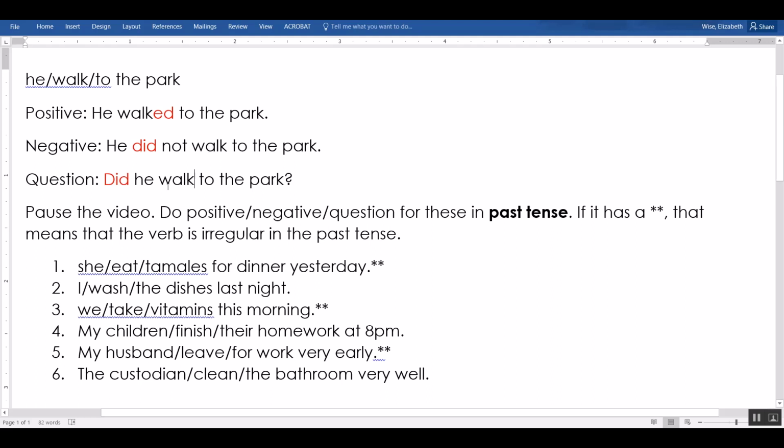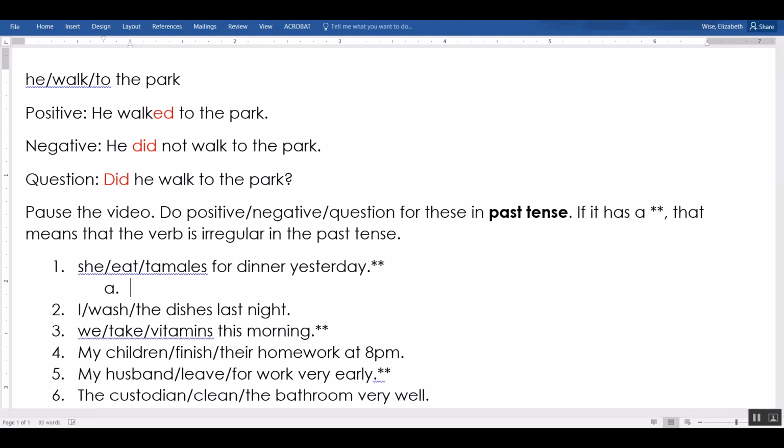He walked. All right? So for all of these examples down here, there are 6 sentences, and I want you to give me positive, negative, and a question for each one. So: she eat tamales for dinner. Here's the person, here's the verb, here's the extra information. You need to write the positive sentence. If it has a star, these little stars, that means the verb is irregular in the past tense.